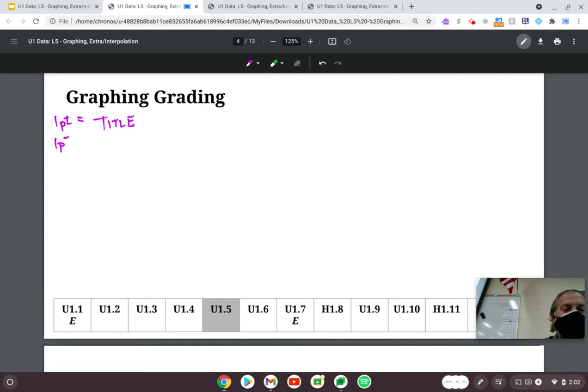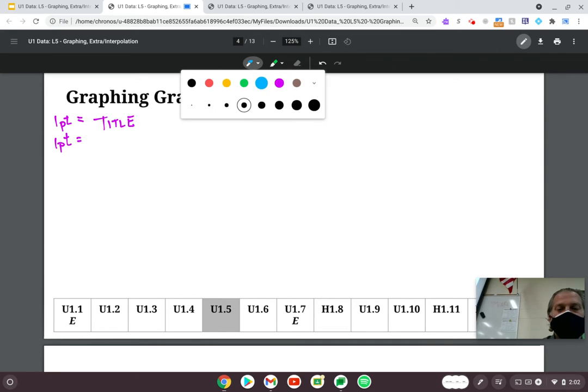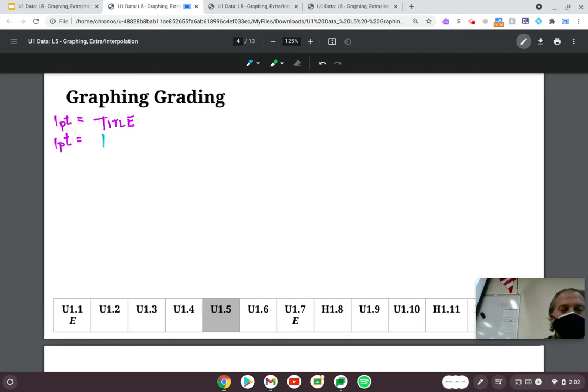For a second point, you will have the independent variable on the x-axis and the dependent variable on the y-axis.